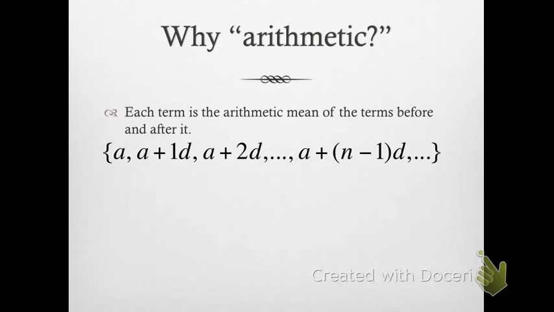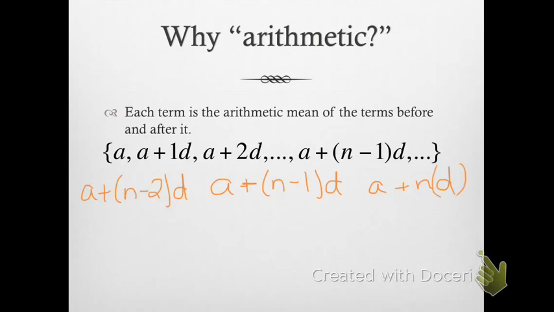Let's take a plus n minus 1 d. So the terms before and after it would be a plus n minus 2 d and a plus nd.